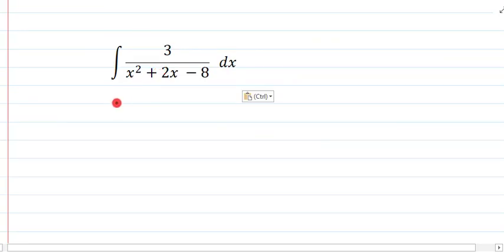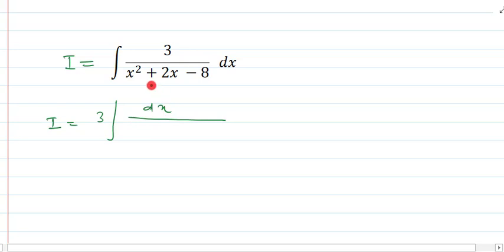In this we are taking 3 common, dx upon. As I told you, first of all let me name it I. I is equal to adding and subtracting half of the coefficient of x, because there is no need to apply the first step, the coefficient of x square is already 1.